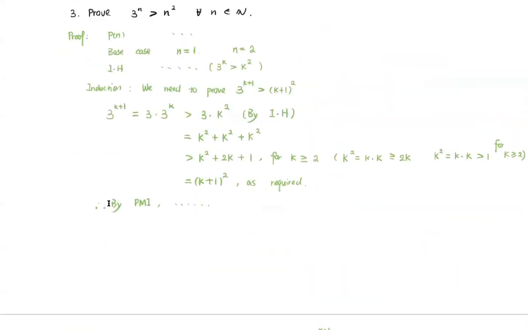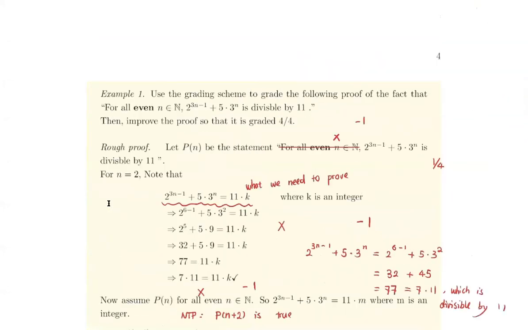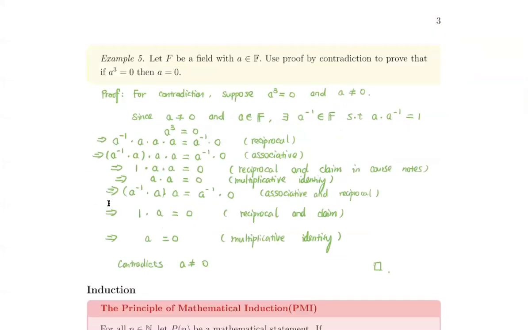Excuse me. Yes? Sorry, I do have a question. For which question? It's for the previous question, the field one. You said that since A is not 0, and A is in the field, there exists a reciprocal for A, but then at the end you prove that A is 0, which means that there isn't a reciprocal for A. That makes it a contradiction.